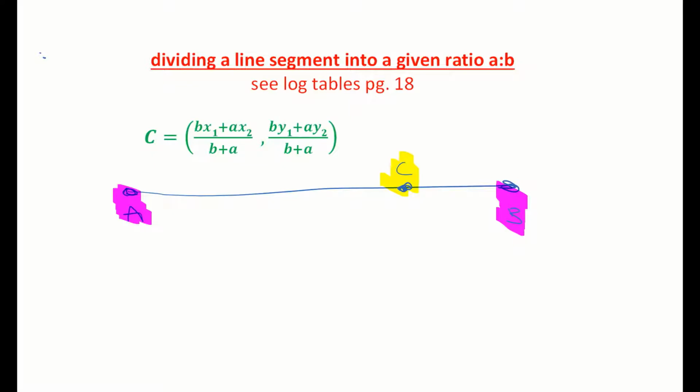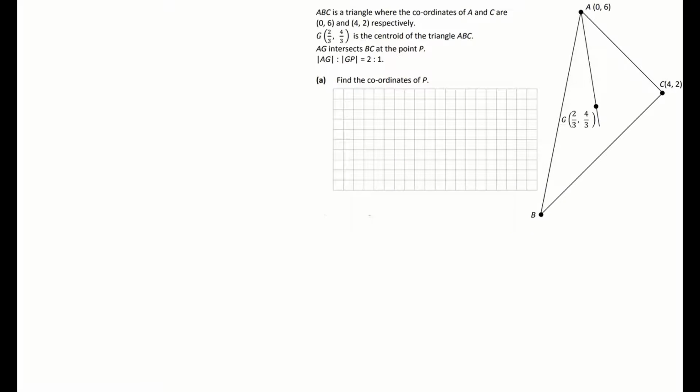We've looked at an easier example involving the formula in a separate video. So this example is a little bit more advanced. Let's have a look at our exam question to see it in action. ABC is the triangle where the coordinates A and C are 0, 6 and 4, 2 respectively. G is the centroid of the triangle.